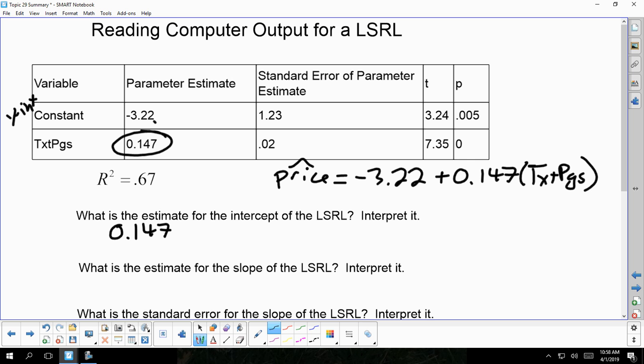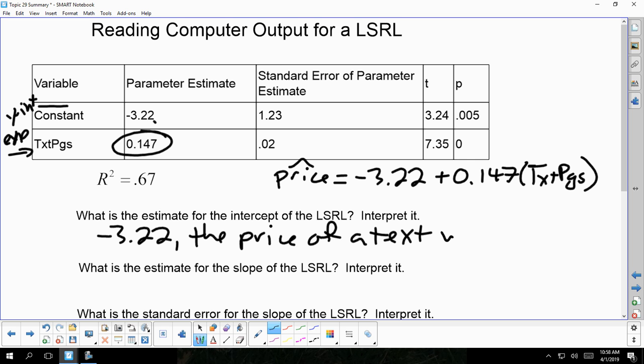This is the y-intercept in this row. This is your explanatory variable. Oh, the intercept. Gotcha. My bad. So the intercept here is negative 3.22, and that is the price of a text with 0 pages.